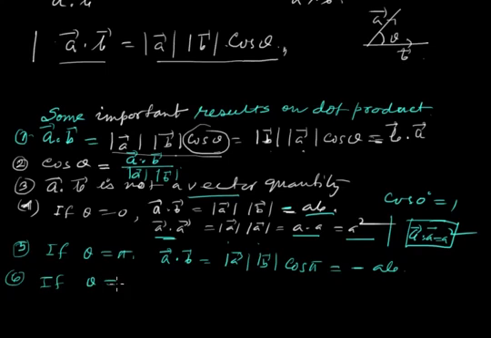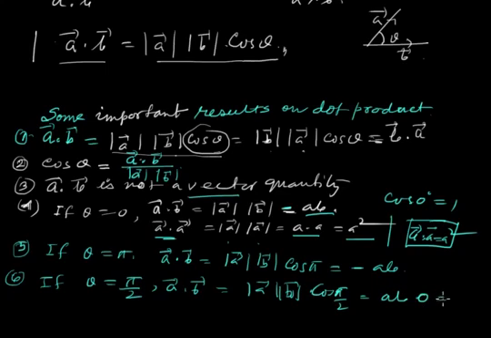If theta is equal to 90 degree, that is pi by 2, then A dot B is equal to A into B cos pi by 2, and cos pi by 2 is 0, so it is A B into 0, that is 0.